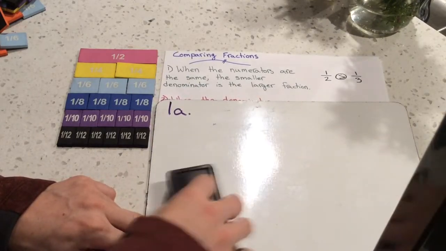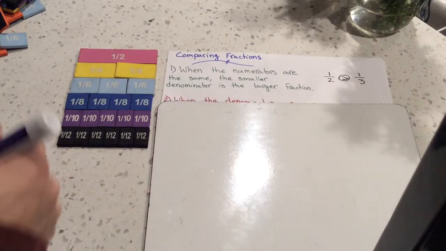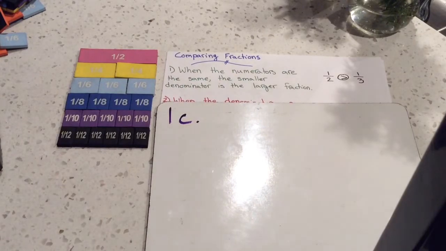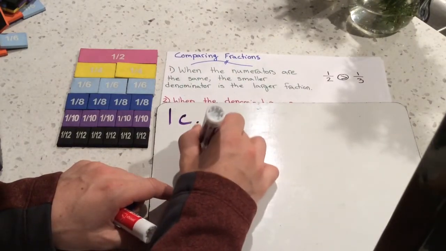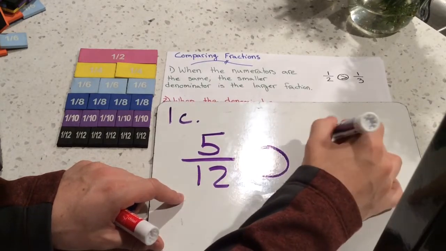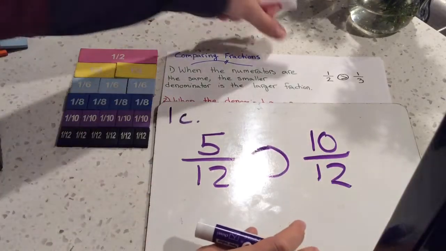The next question that we wanted to go over, and this is question 1C on practice page 1 again. And this time we're comparing 5/12 to 10/12.